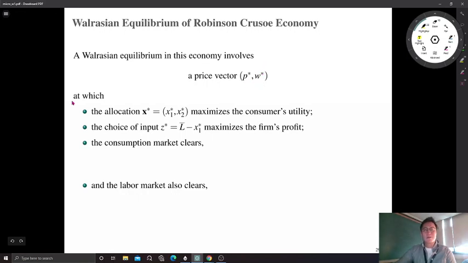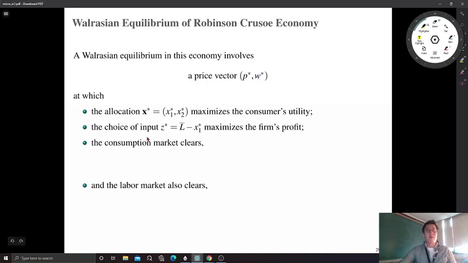First, to achieve a stable status, the consumer has to maximize utility. So the equilibrium allocation X star, given this price vector, must maximize the consumer's utility. Otherwise, the consumer will deviate and change his consumption plan, so that is going to be non-equilibrium.